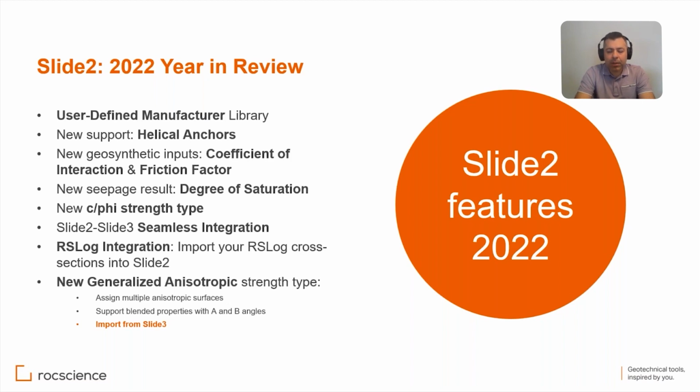We added a couple of features for the new generalized anisotropic strength type in Slide2. Two of them are already released: assign multiple anisotropic surfaces, and support blended properties with A and B angles. There is one that we recently added, import from Slide3, which we're going to talk about in today's webinar, that will be released in February.